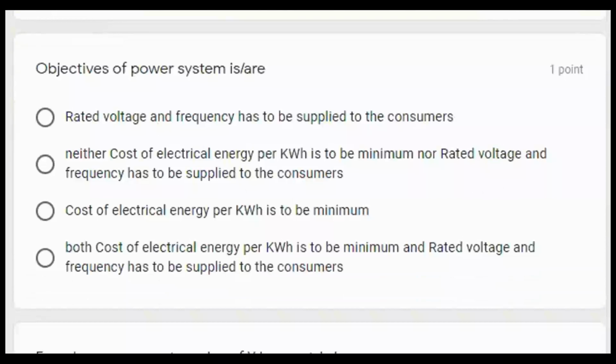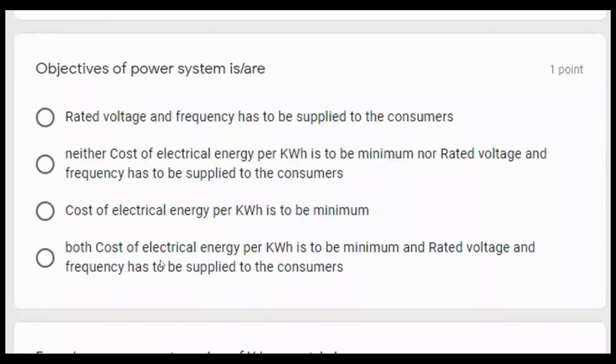Then second question: the objectives of power system are, first option, rated voltage and frequency has to be supplied to the consumers. Second, neither the cost of electrical energy per kilowatt hour is to be minimum, nor rated voltage and frequency has to be supplied. Third, cost of electrical energy per kilowatt hour is to be minimum.